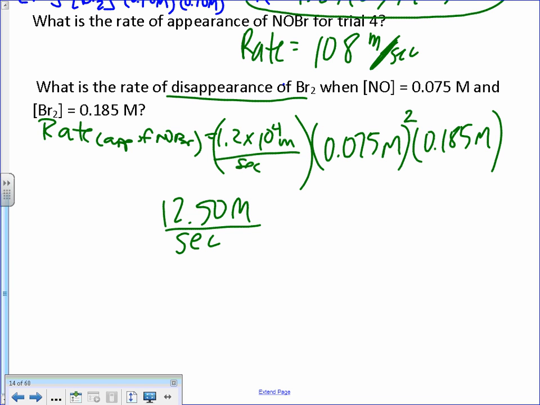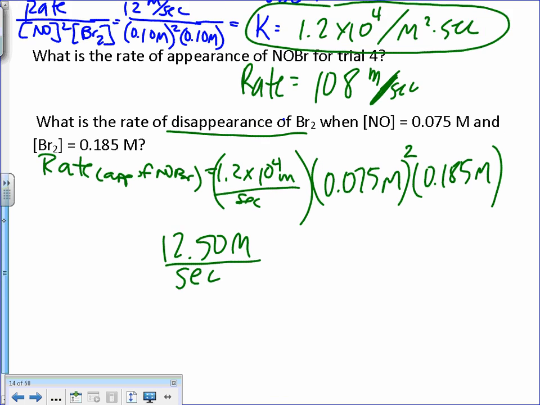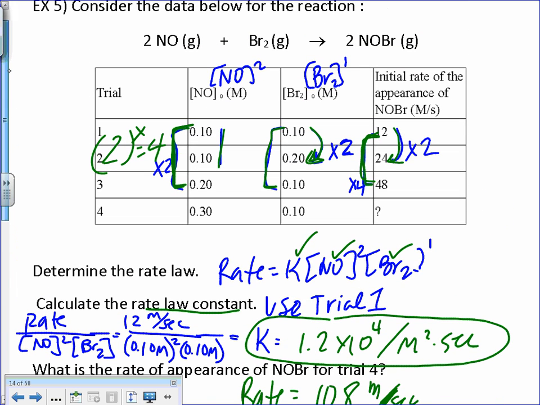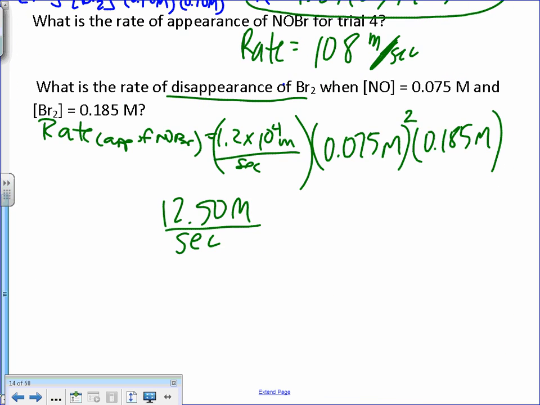So then how do you relate that back to the disappearance of bromine? Well, you can look at the ratios. What are the ratios between the two of them? What can you relatively say about this? Okay, so it declines at half the speed that NOBR is formed, or you can say NOBR is formed twice as fast as bromine is consumed. Use your kind of verbiage there. So what are you actually doing?